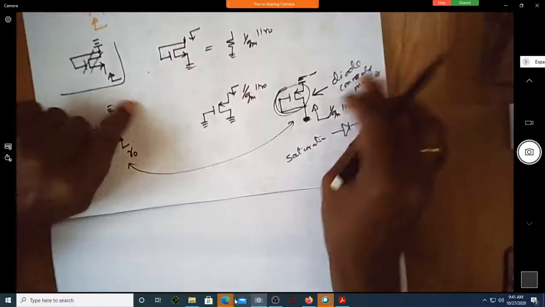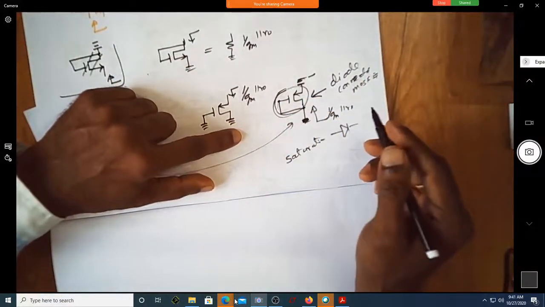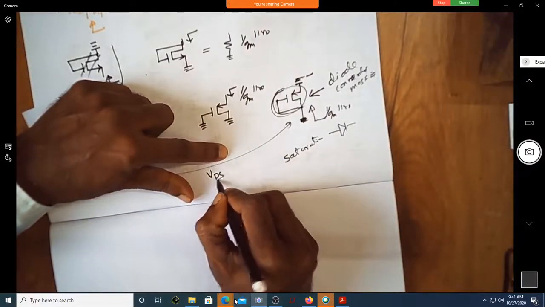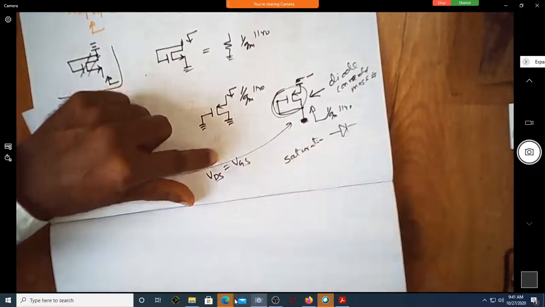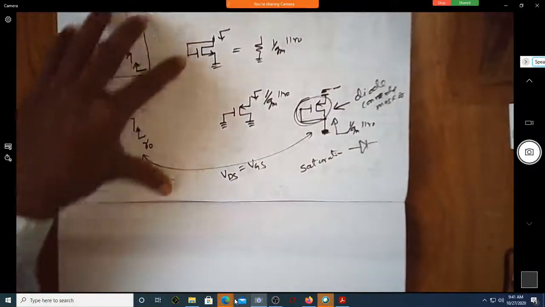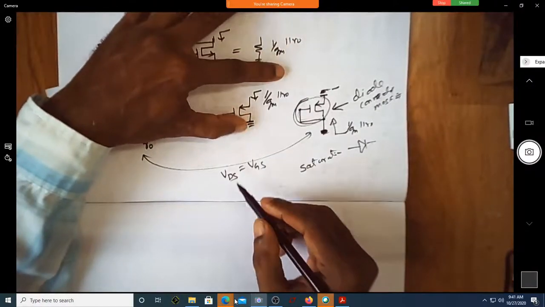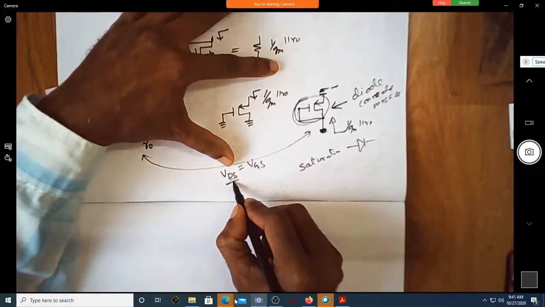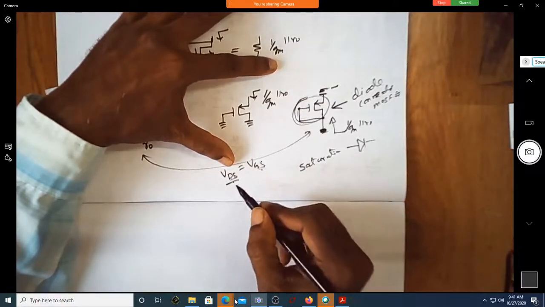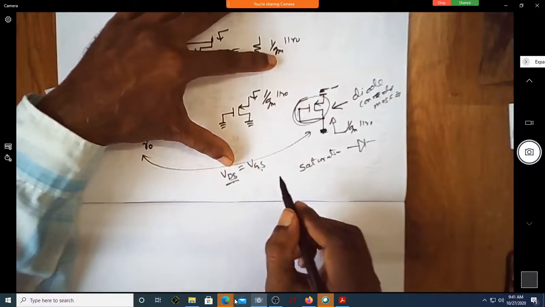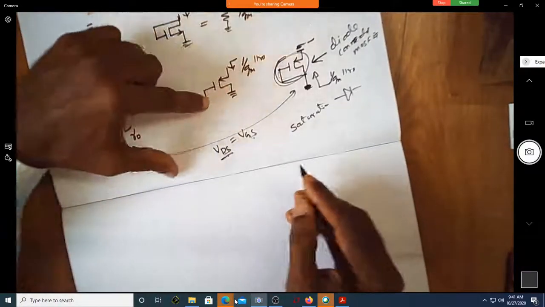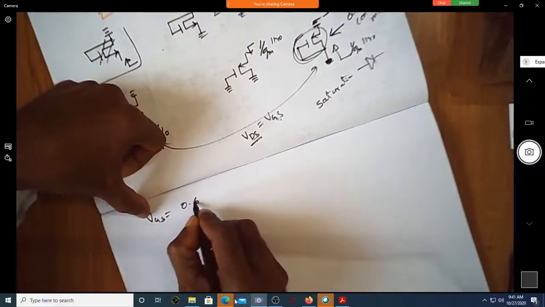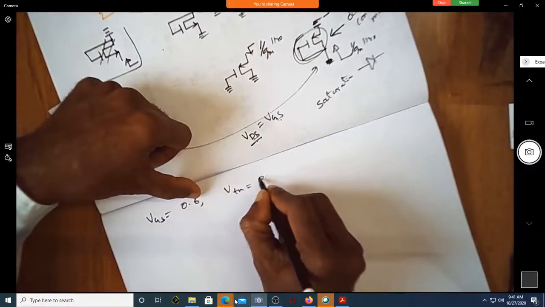Can you tell me why it is always put in saturation? Because VDS is equal to VGS. Why is VDS equal to VGS? Because gate and drain are shorted. If VDS is equal to VGS, does it mean that it's always in saturation? Let me give you an example. Assume VGS is equal to 0.6 and VTH is equal to 0.4.